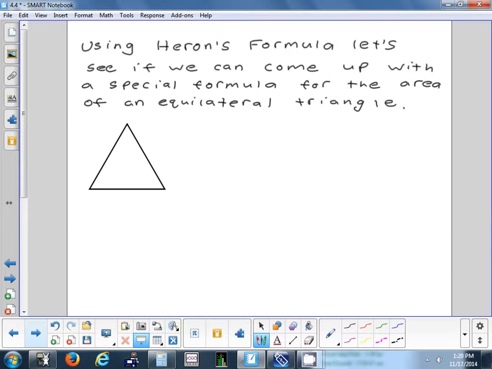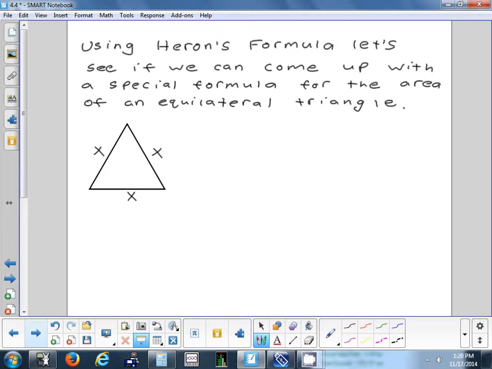We don't know what it is, so we have to give it some way to represent it. B, yeah, or A or X, any variable. Let's just call it X, since we don't know what it is. What does that mean the other two sides would be? Yeah, they'd both be X, because this is an equilateral triangle. So all the sides are the same.